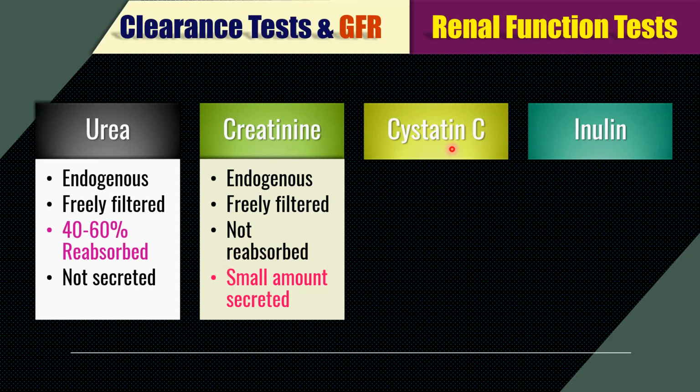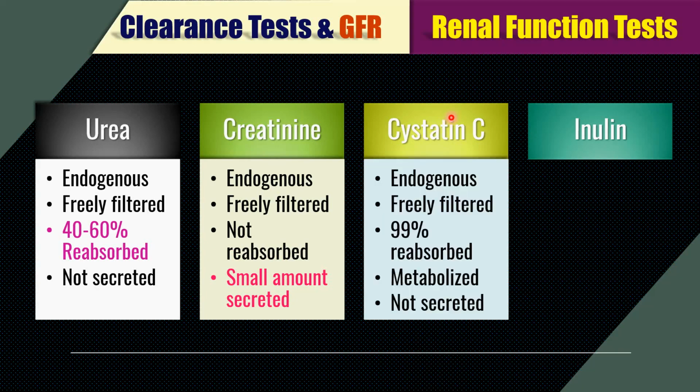Okay. Another substance or marker is called cystatin C, which is a low molecular weight substance produced by all nucleated cells, or endogenously produced, and freely filtered. But here 99% or almost all cystatin C which is filtered by the glomerulus is reabsorbed back into the tubular cells, and within the tubular cells this cystatin C is catabolized and it is not secreted by the tubular cells.